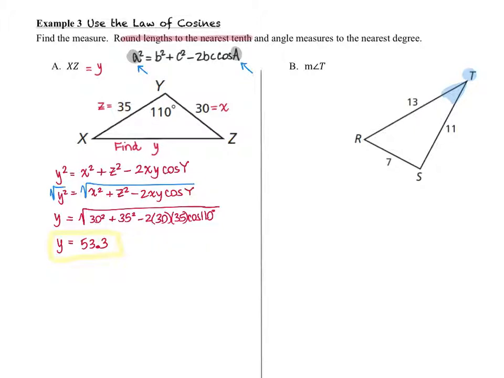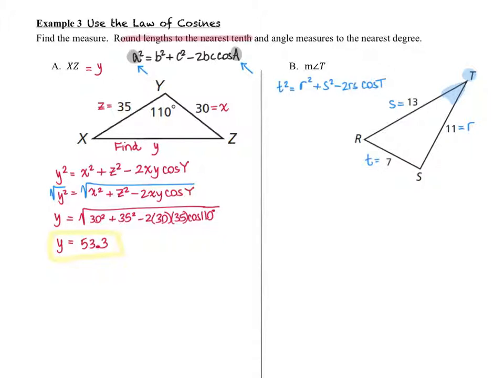So let's set it up that way. T squared is equal to R squared plus S squared minus 2RS times the cosine of angle T. Now I just realized that I forgot to write down the side length names, so I'm writing those down now so that we can use them in our equation.